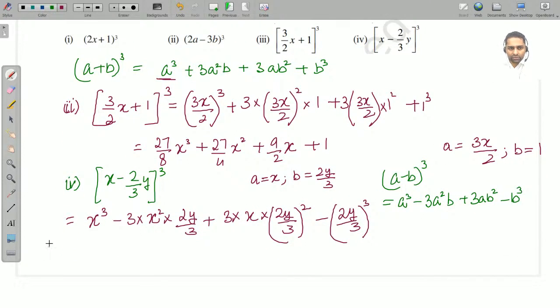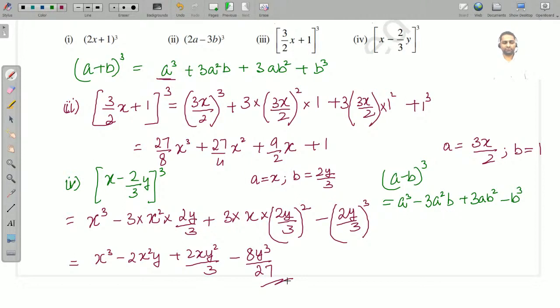So it comes out to be x cube, this 3 gets cancelled, minus 2x square y plus 2xy square upon 3. Just try the calculation part at your end, you'll get to know. There's no rocket science over here. The calculations are very simple.